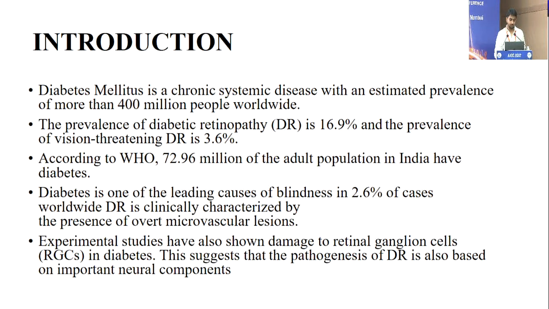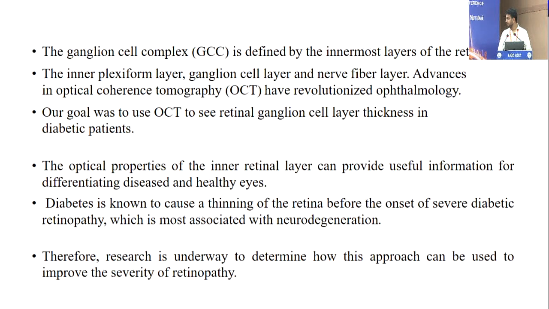Now, experimental studies have shown that damage to the retinal ganglion cell occurs in diabetes. This suggests that pathogenesis of diabetic retinopathy is based on the neural components. Then, the ganglion cell complex is defined by the innermost layers of the retina, which comprises the ganglion cell layer and the inner plexiform layer.